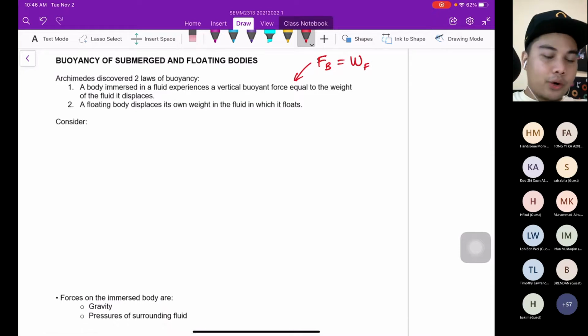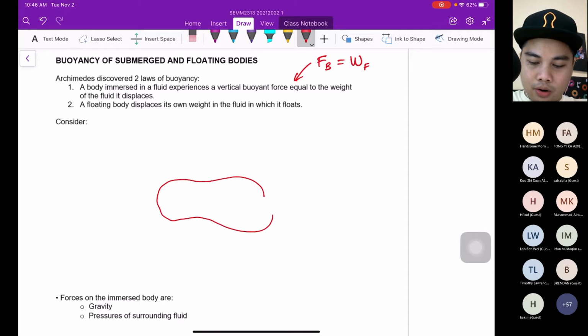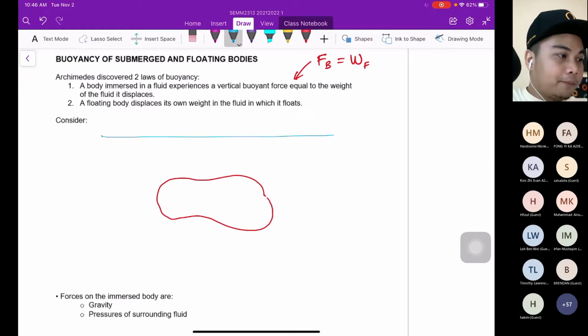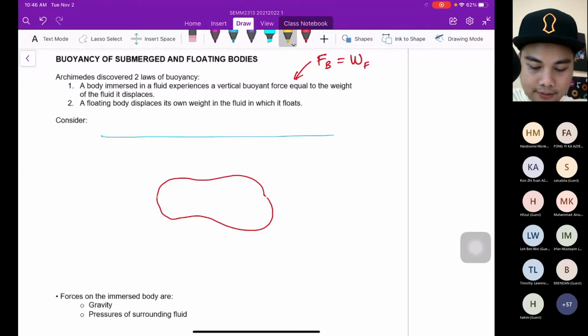Consider we have a body of arbitrary shape in the water. Let's say this is from here to here.